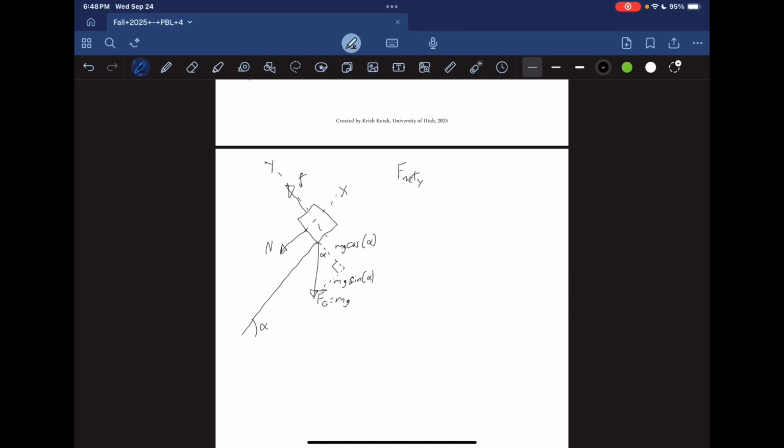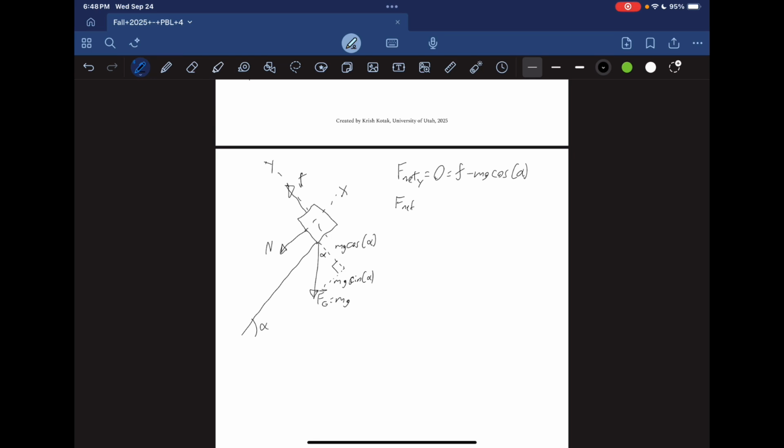The first thing we're going to do here is say F net y. The net forces in the y direction have to cancel because you're not sliding up and down the wall. So F net y equals 0, and this is equal to our frictional force minus mg cosine of alpha, because here's a force in the y direction and here's a force in the y direction.